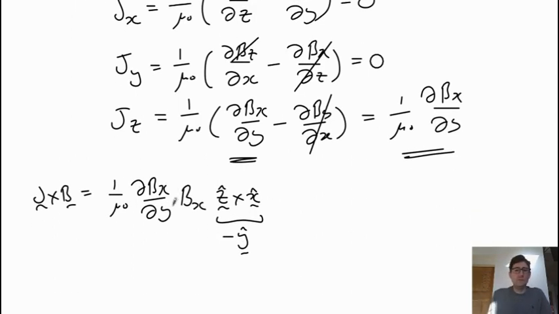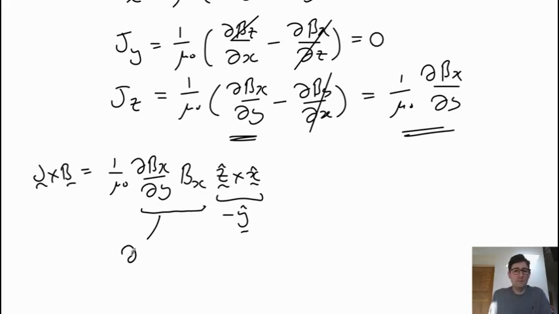Okay, so this we can start to manipulate a little bit. This part here, we can write down as d by dy of Bx squared over 2.